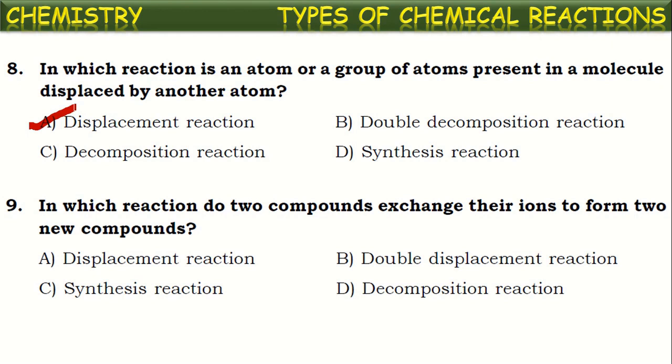Those chemical reactions are called double displacement reactions because two displacements occur there. Those reactions are also called double decomposition reactions.